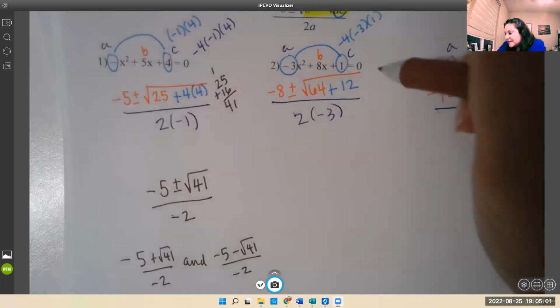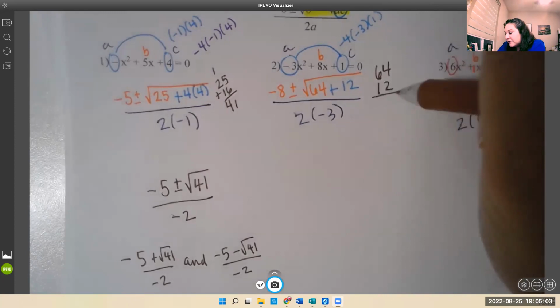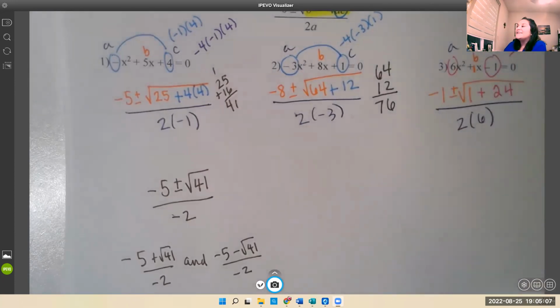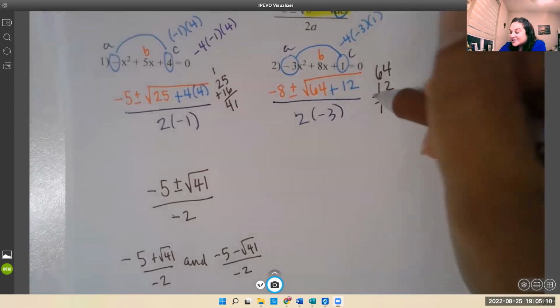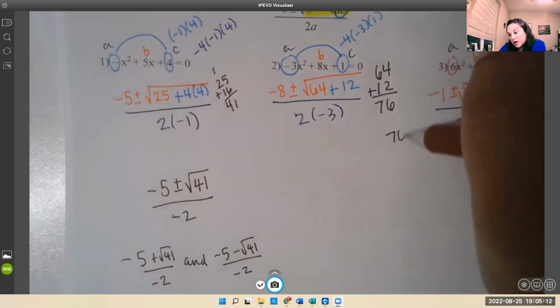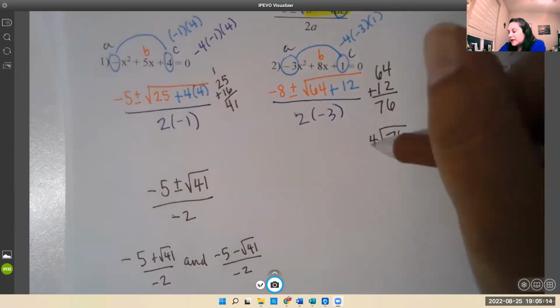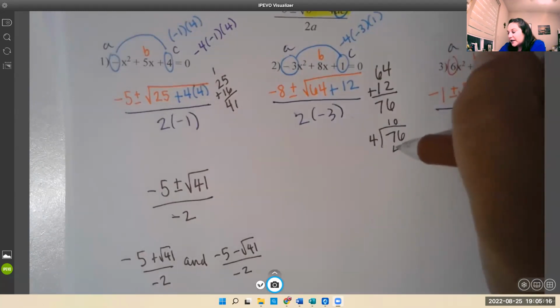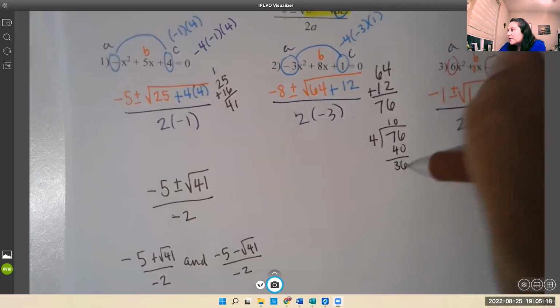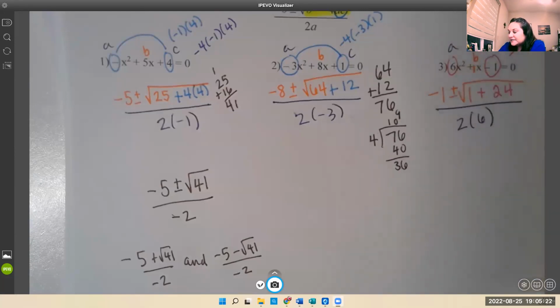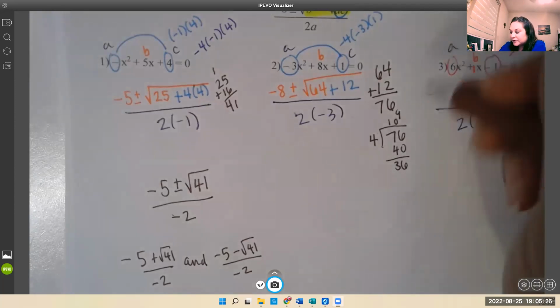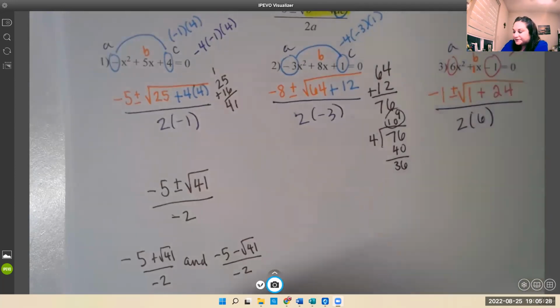The next one, 64 and 12 underneath the radical give me 76. And 76, I think, actually does divide by 4, right? So 4 times 10 is 40. And with 36 left over, 4 goes into 36 9 times. And so this 76 is the same as 4 times 19.